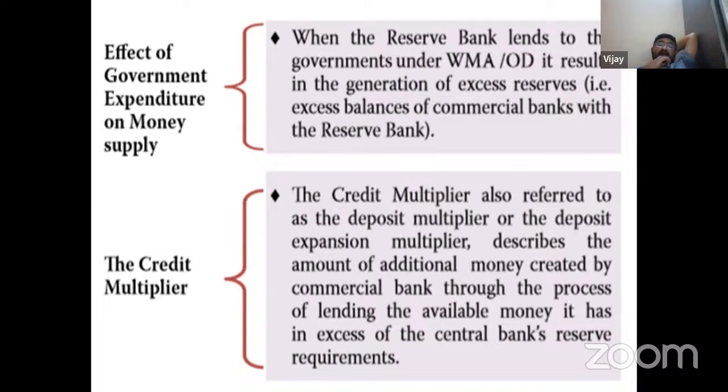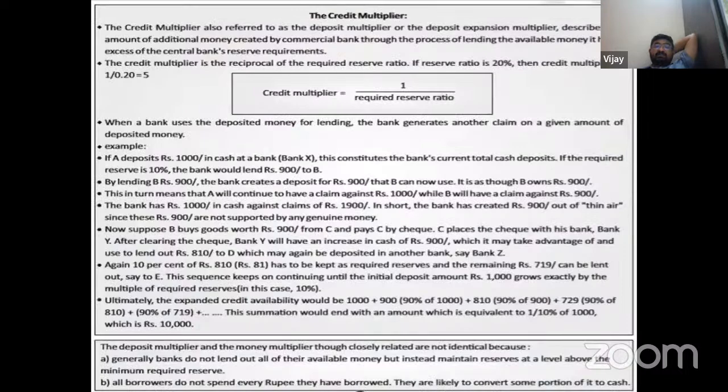See, the commercial bank will buy the government security for maintaining as a reserve. When the government issues the government security, RBI will sell it, the commercial bank will buy it. Then the excess money will be taken out by the RBI. So we have already discussed this credit multiplier.